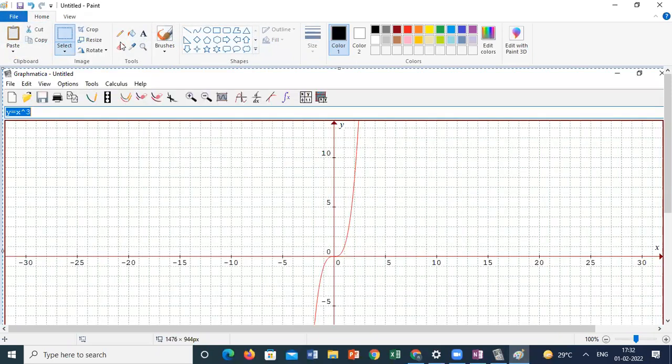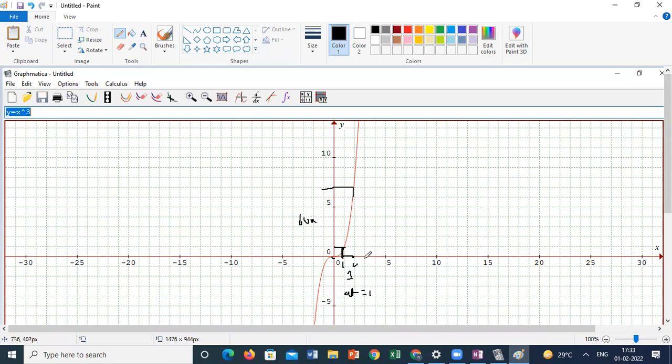When x is increased from 1 to 2, that is by 1 unit, the y is increased by 6 units.